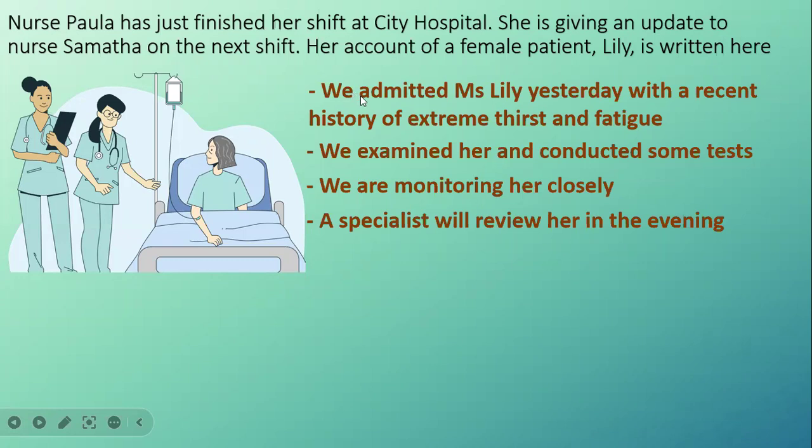So she says, we admitted Miss Lily yesterday with a recent history of extreme thirst and fatigue. The second sentence that she says is, we examined her and conducted some tests. Then she says, we are monitoring her closely. And then she says, a specialist will review her in the evening.